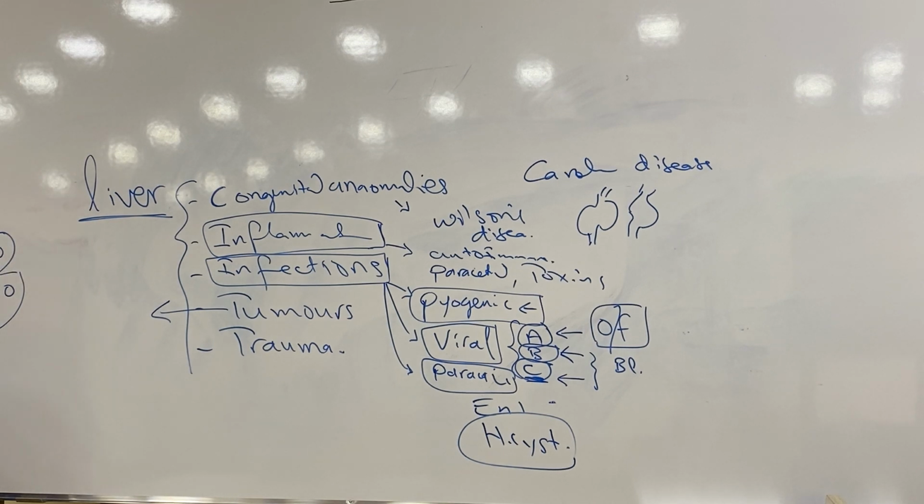Primary liver tumors either is benign, for example, hemangioma, hepatoma, or malignant. For example, hepatocellular carcinoma. There are also malignancies in the liver, primarily from the biliary tree. Cholangiocarcinoma can affect the liver.